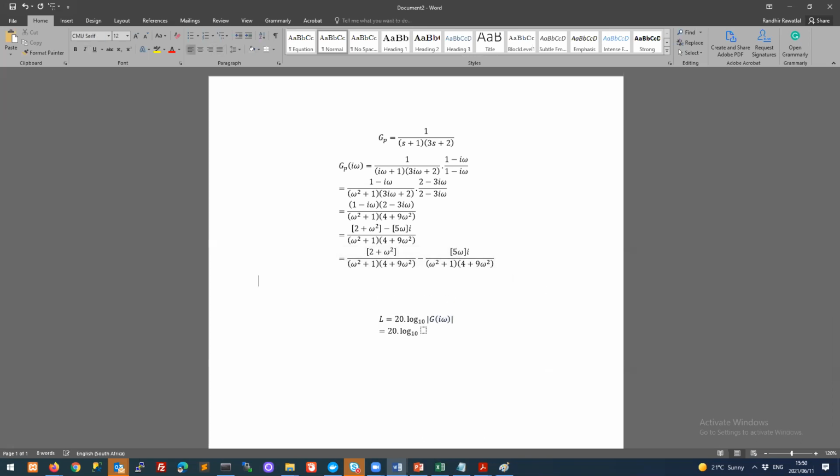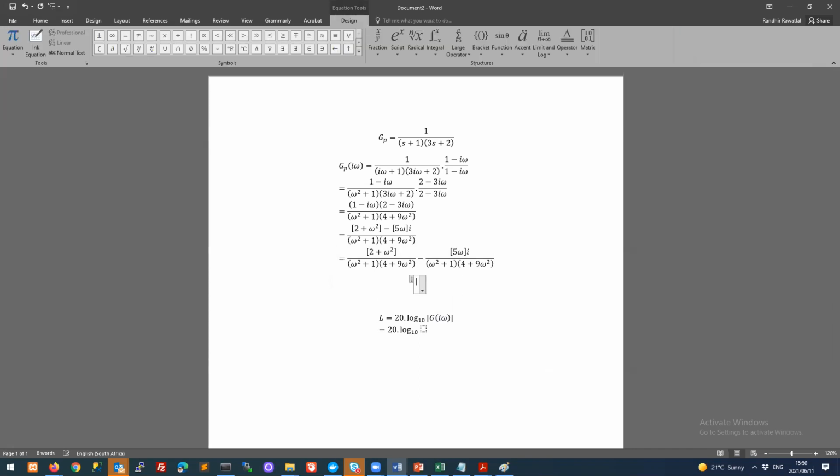So the magnitude of G of i omega, maybe let's do that separately here. It equals the square root of the real part squared plus the imaginary part squared, right?